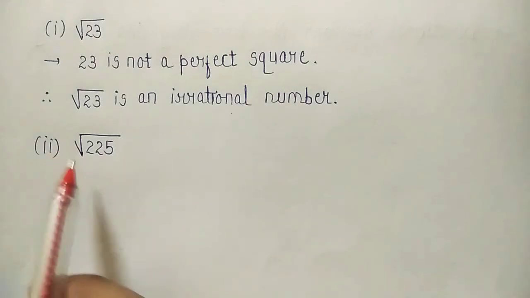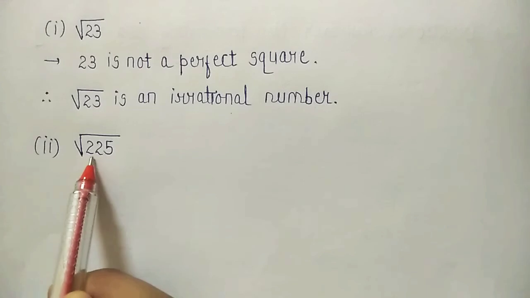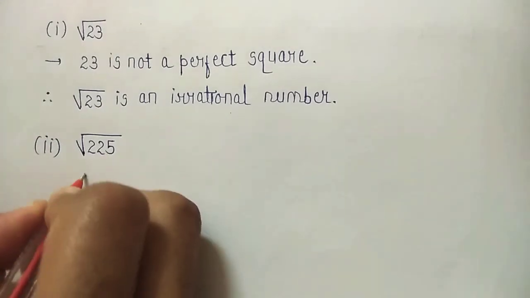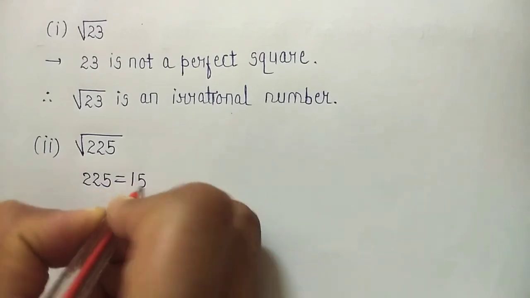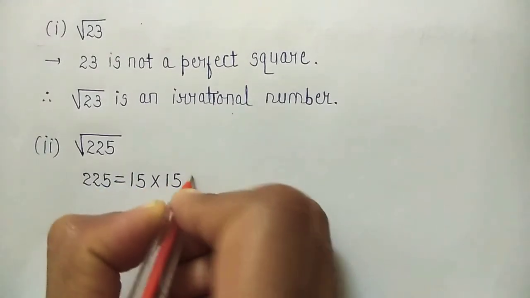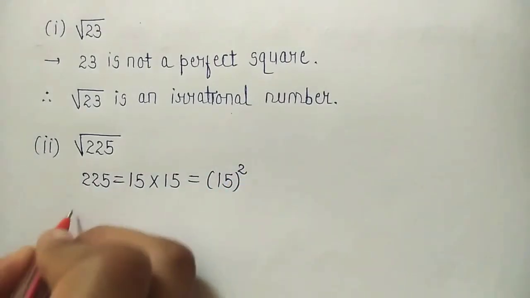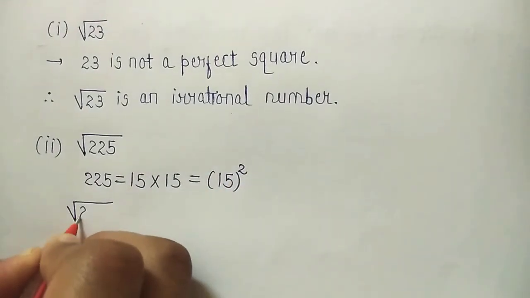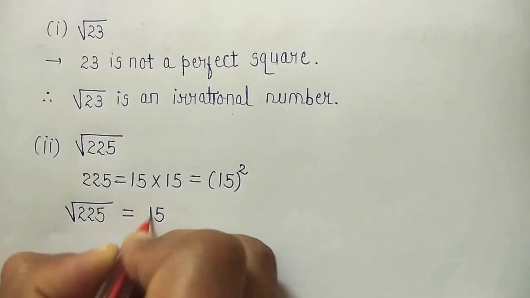Second, we have square root of 225. We know square root of 225, right? We know that 225 is equal to 15 into 15. That is 15 square. So, square root of 225 is equal to 15.